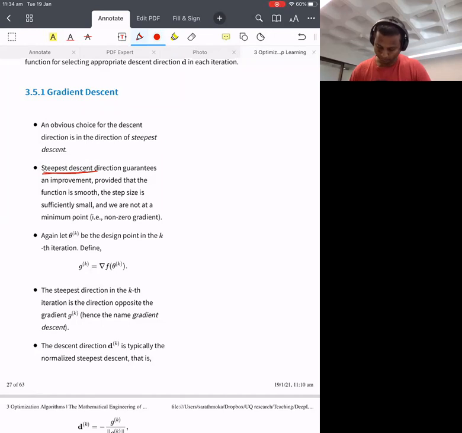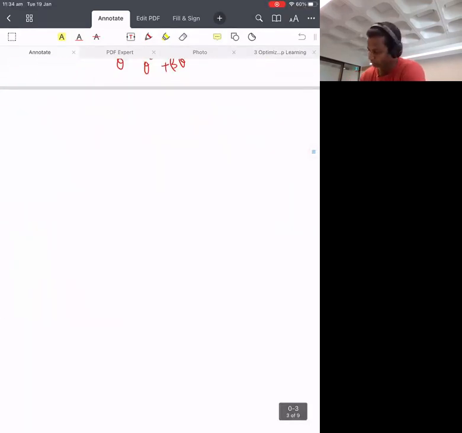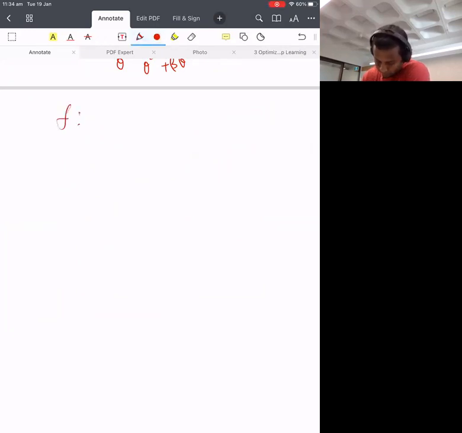A general setup. We have a function f of theta, and what we are saying is that if the current state is theta k in the kth iteration, then theta k plus 1 is equal to theta k plus alpha d power k.